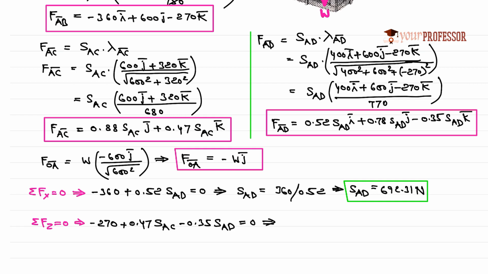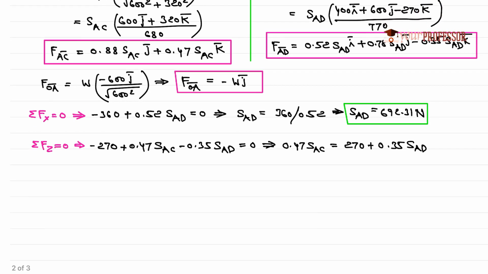From this we can find the value of SAC. Rearranging the equation, 0.47 SAC is equal to 270 plus 0.35 SAD. So let's simplify this one.